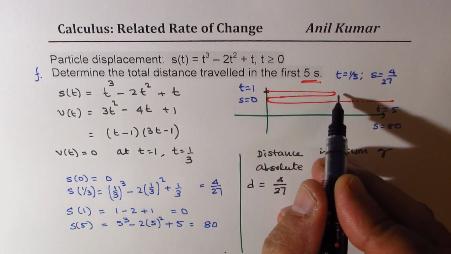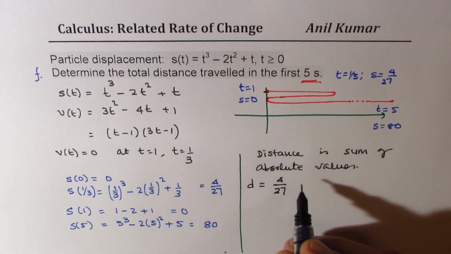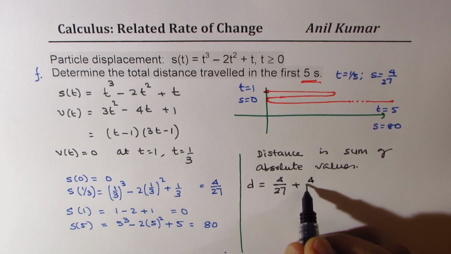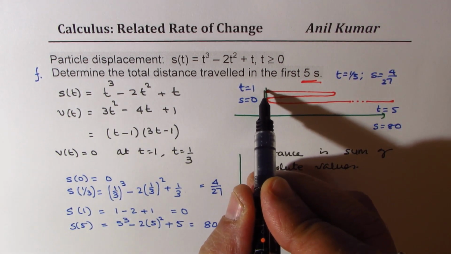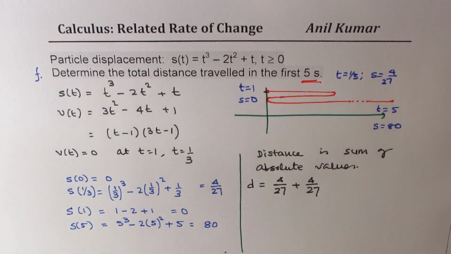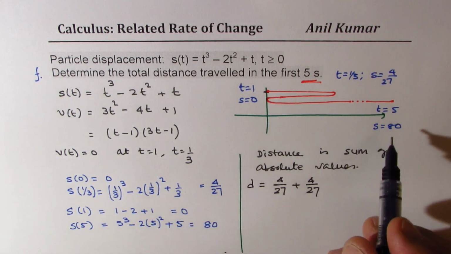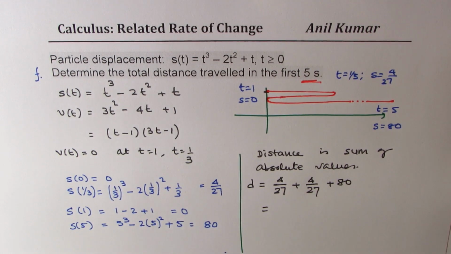So that much it moved forward. Then it came back the same distance, so again 4 over 27. 4 over 27 going forward, 4 over 27 coming backwards. Change in displacement is the distance in this case. And then we'll add 80. So that becomes the total distance.